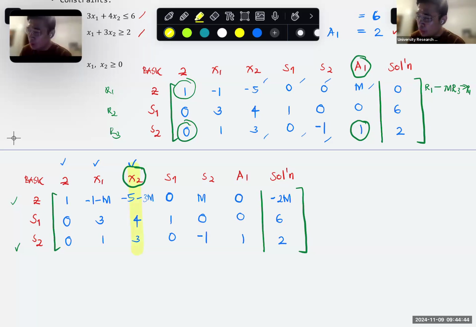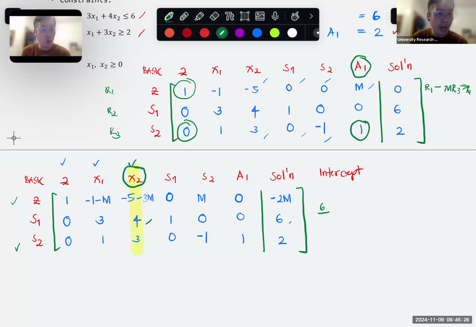Our next step here is to determine which will become our pivot row. So our pivot row should have the smallest positive intercept between the constraints. So in this case, when we say intercept, we just divide the solution with the element in our pivot column.